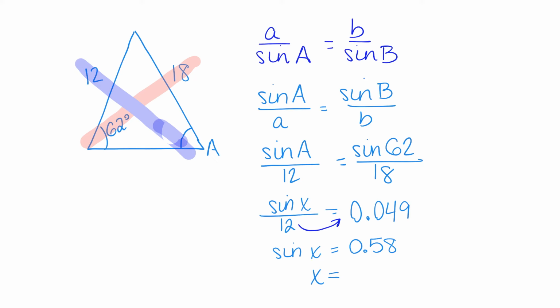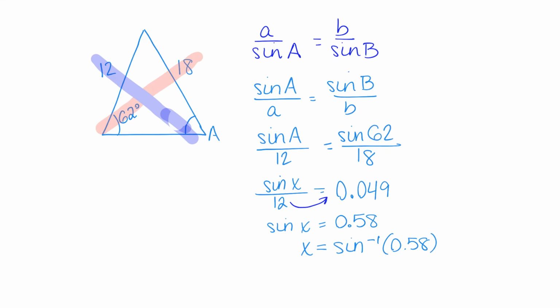So x equals the second function of sine of 0.58, and you should get x equals 35.4, and we're using degrees. That's all there is to it.